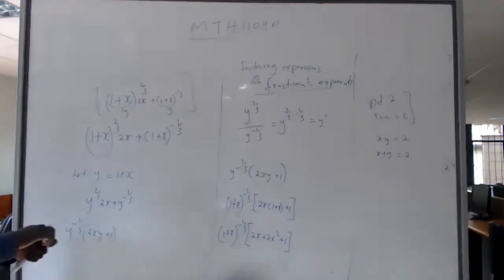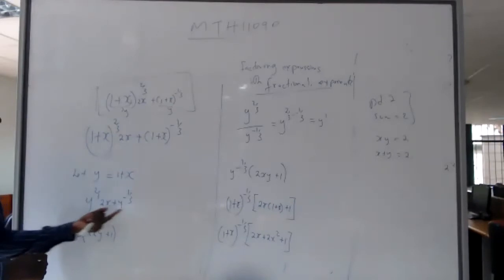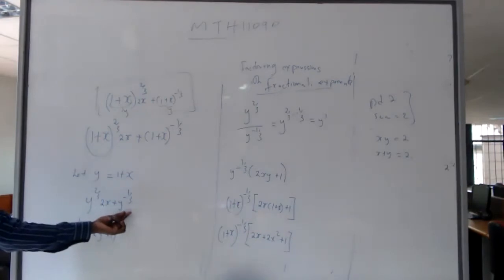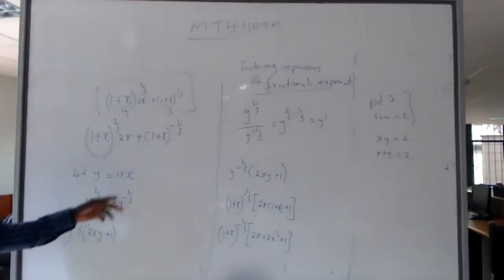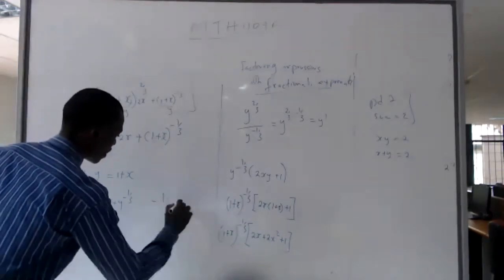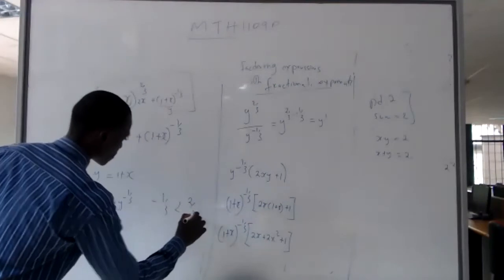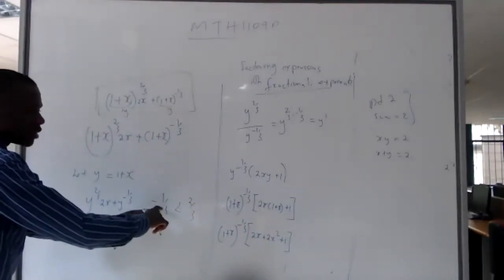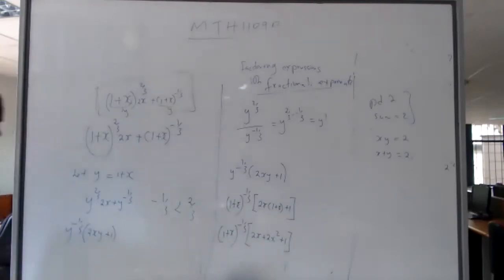Because we have y as a base in each of the terms, I pick the y with the smallest exponent. The smallest exponent in this case is negative a third, because negative a third is clearly less than 2/3. So anything to the power negative a third must be dividing something to the power 2/3.